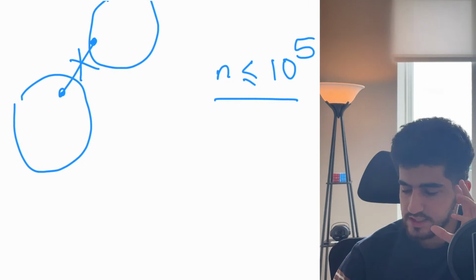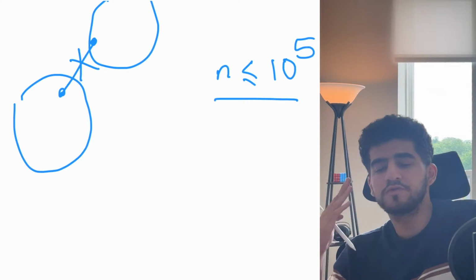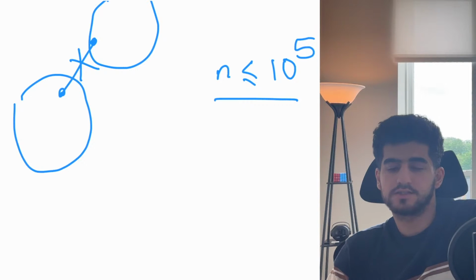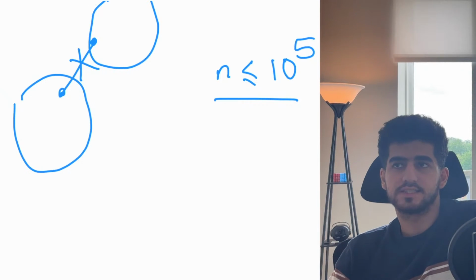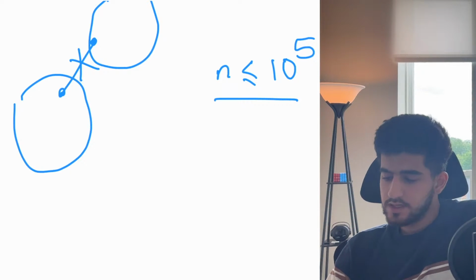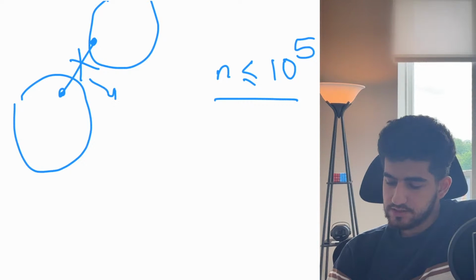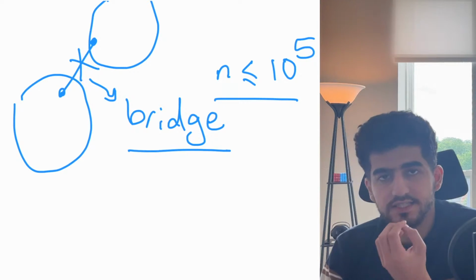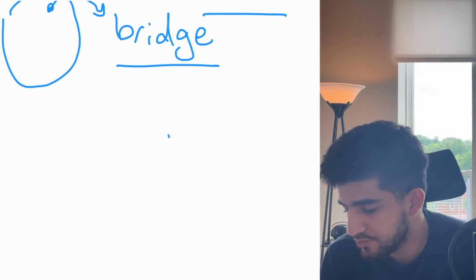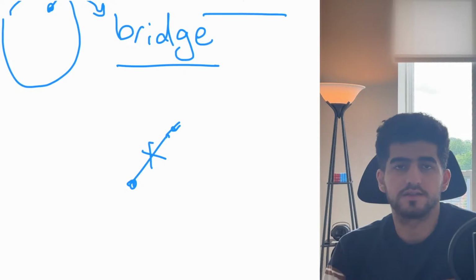Well, first of all, it's easy to show that if removing an edge is going to help us, if it is going to reduce the number of pairs of vertices that have a path to each other, then necessarily this should be a bridge. What is a bridge? A bridge is an edge that if you remove it from a connected graph, that graph will be disconnected.